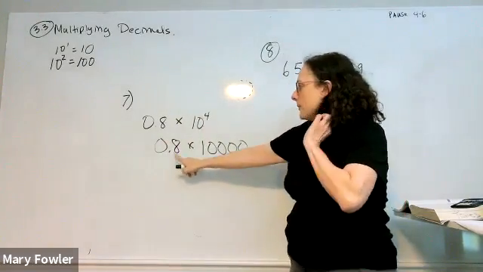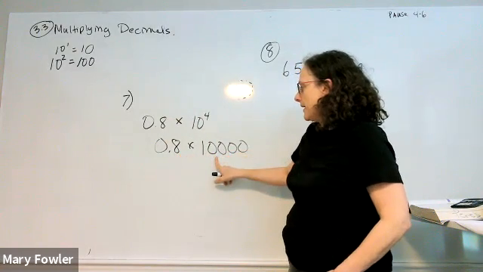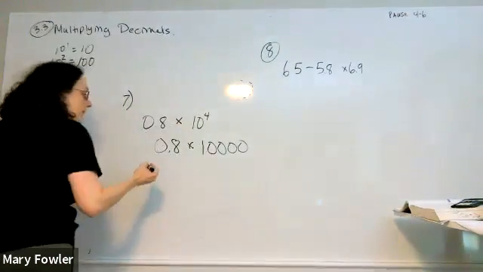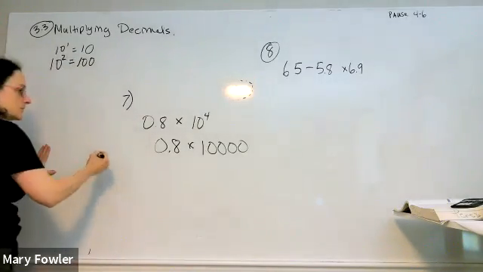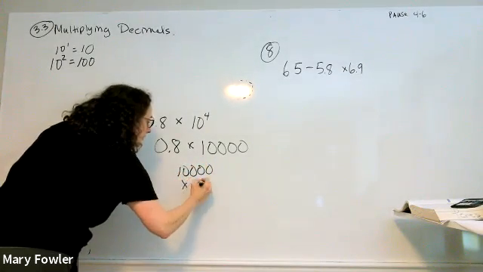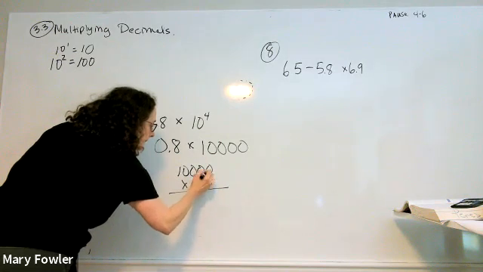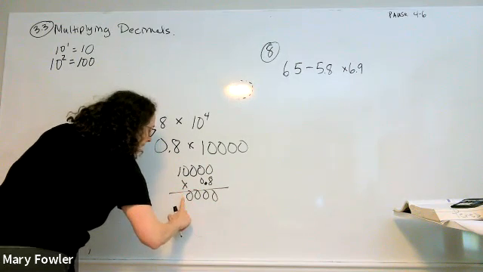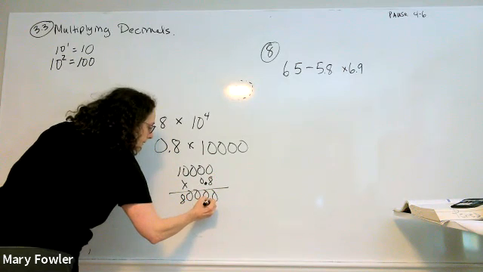Okay, and now I want to multiply 0.8 times 10,000. So we're going to multiply as if there were no decimal points. So we'll write it out here. Just going to multiply that. And now add up the total number of decimal places, and that's 1.